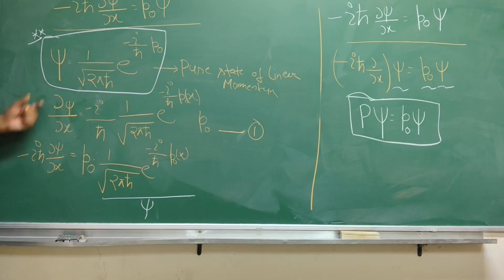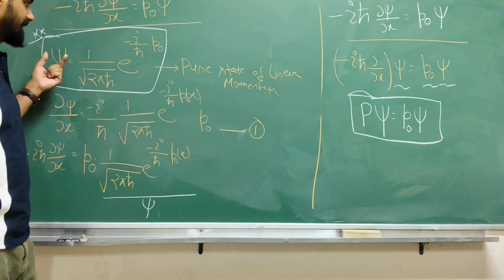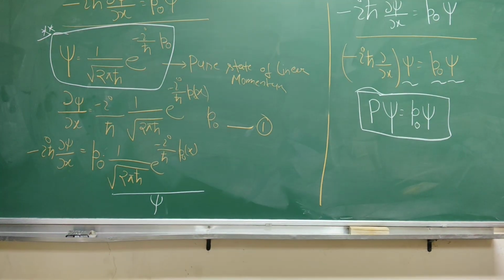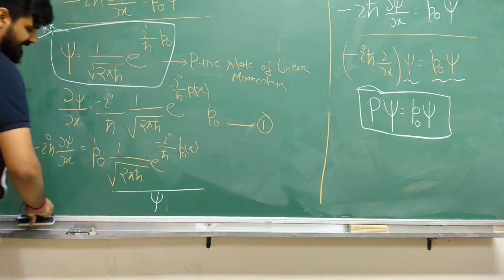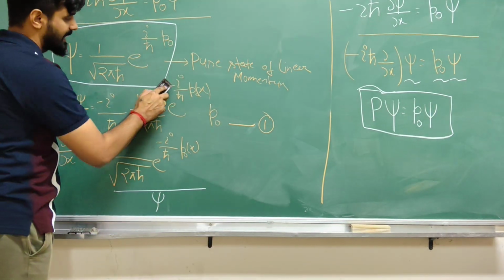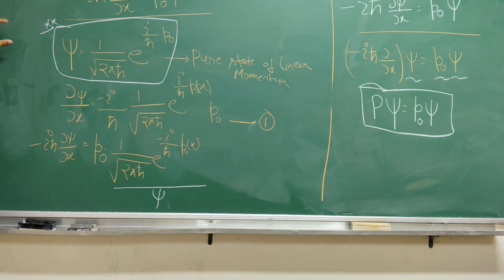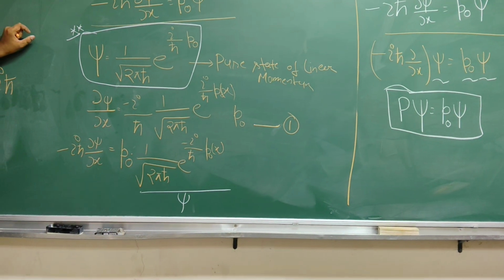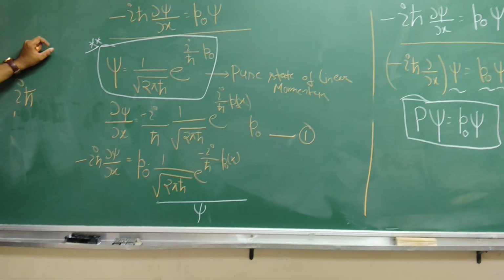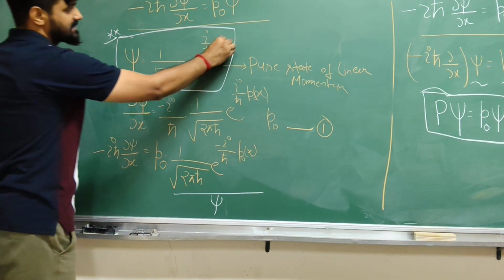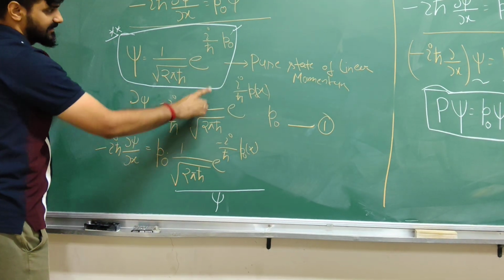And this wave function is the pure state of linear momentum. Otherwise, the wave function should be e to the power i by ħ; it should be positive i by ħ. Please improve that in all the places. If it is a positive value, then when you do differentiation, you will be getting plus i by ħ.